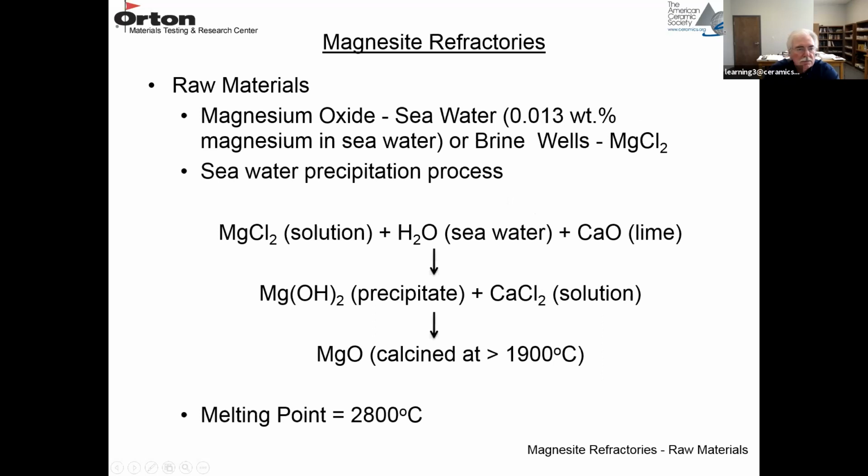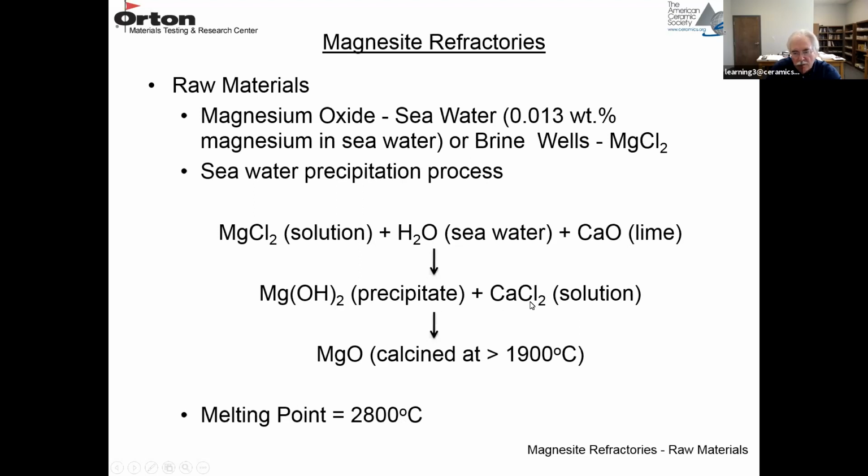A large, maybe the primary source of MgO is from seawater. It turns out there's 0.013 weight percent magnesium in seawater. You can also get it from brine wells in the form of magnesium chloride. So it's a precipitation process. So in seawater, MgCl2 is in solution, even in the brine well. So MgCl2 plus the seawater H2O, you add lime to that, CaO, and that precipitates out a magnesium hydroxide.